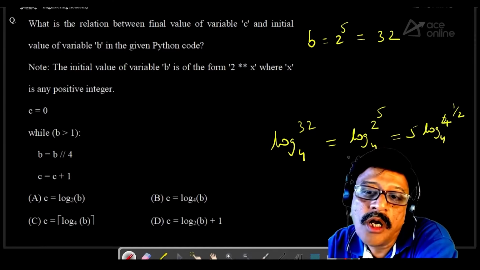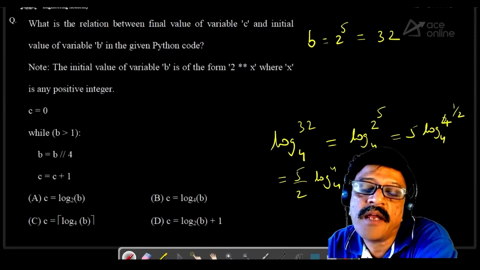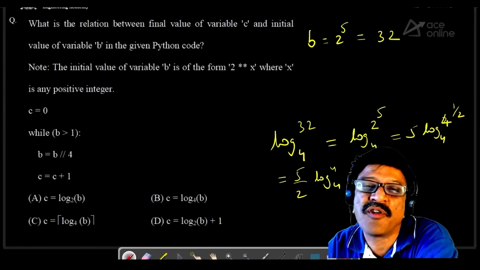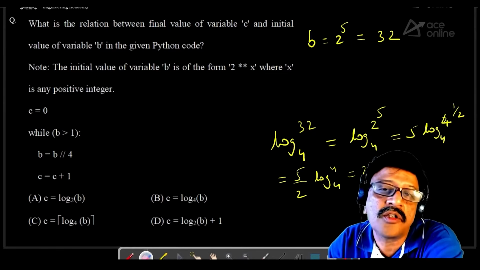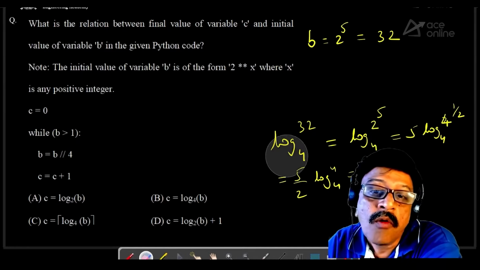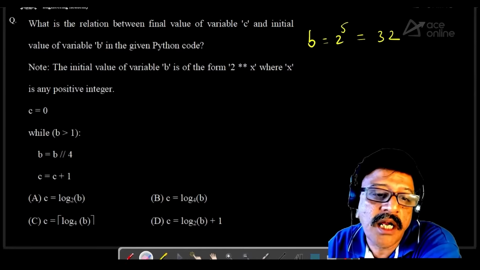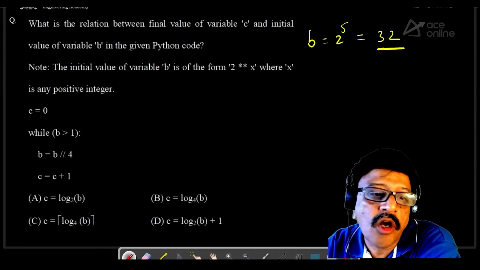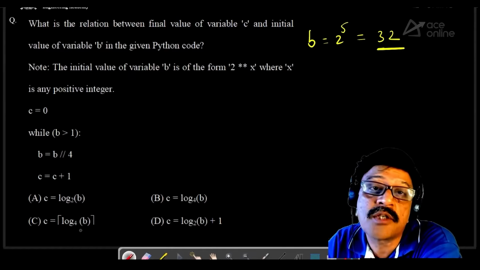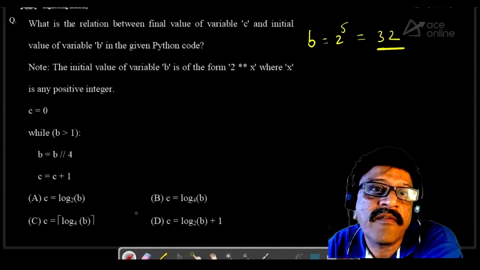So it comes out to be 5 upon 2 into log of 4 to the base 4, which is 5 by 2, which is 2.5. Of course, I am not teaching logarithms, this is not a maths class, but I have chosen this because you see that for this particular B, we will not get log of B to the base 4 as an integer, we will get 2.5.